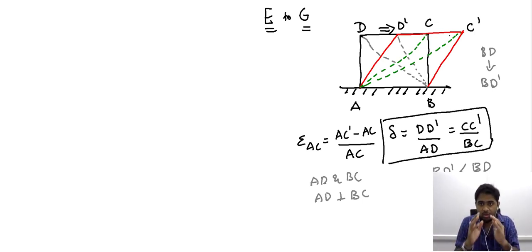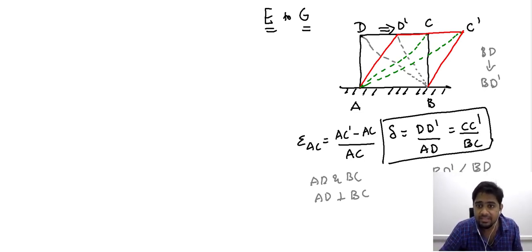So, let me repeat, we have two elements, BD and AC. These two elements are perpendicular to each other, and these two elements are experiencing a loading condition that is similar to tensile and compressive loading.